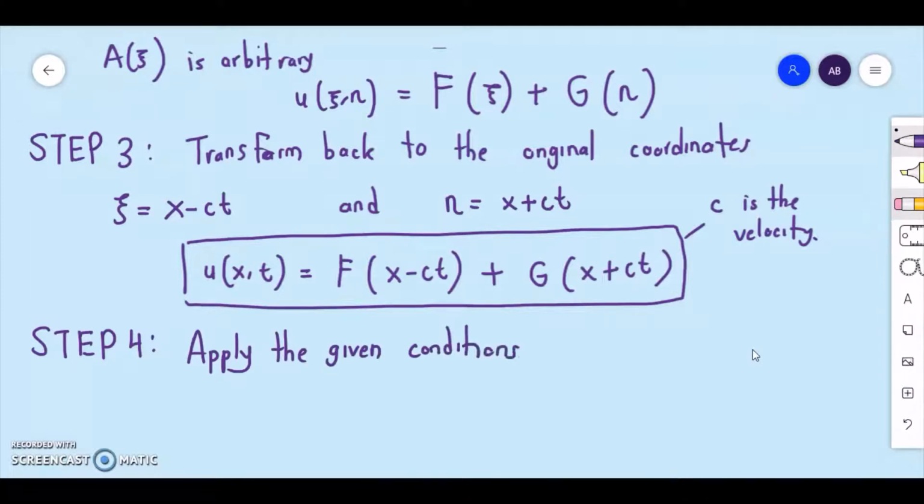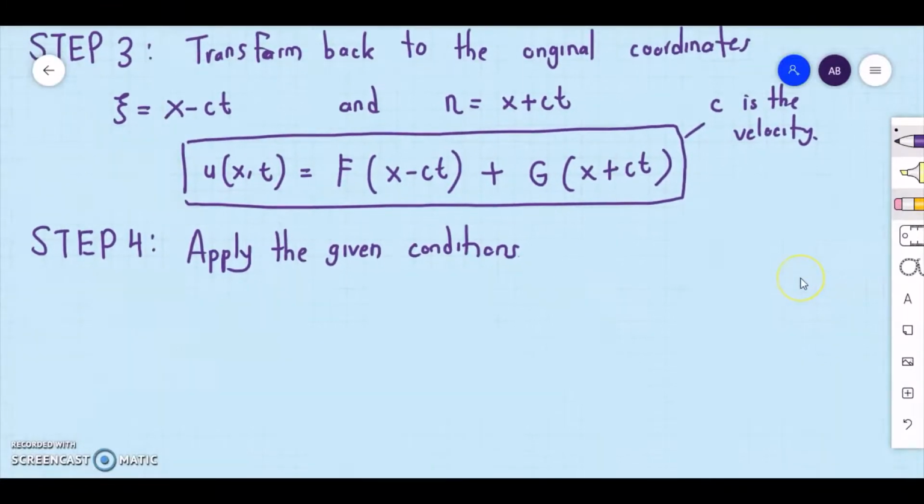This can be slightly complicated, but I need to show you. So first we want to find the expression of f and g. So what is f and what is g? That's the question. So we need to apply the conditions and find these expressions.